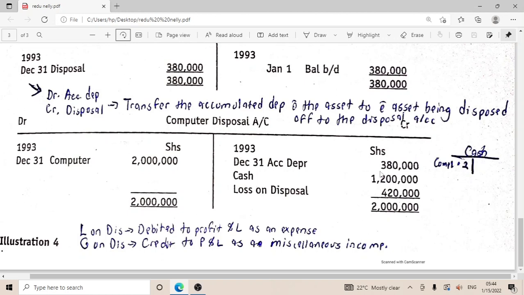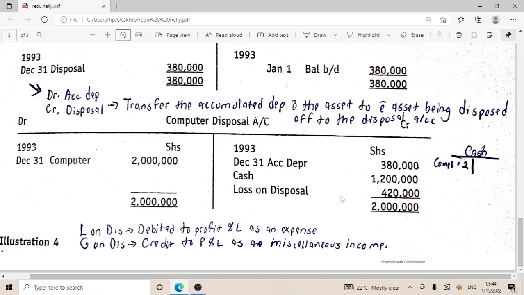Then after adding the two, minus the 2 million. You are going to find out that this side is going to have the difference of 420,000. So this is the loss on disposal.